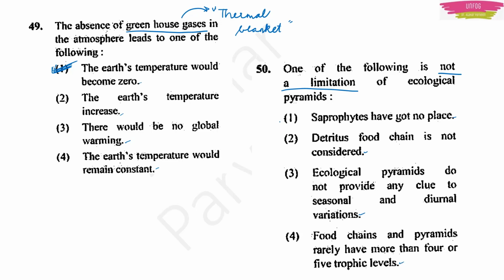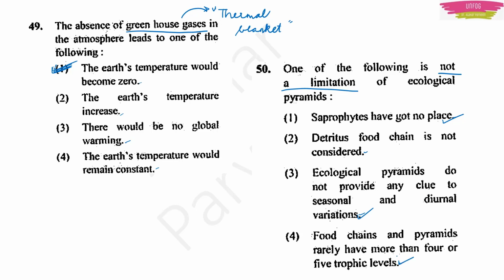Actually, all of these options 1, 3 and 4 are limitations of ecological pyramids. Saprophytes have got no place in ecological pyramids. Ecological pyramids also do not provide any clue to seasonal and diurnal variations, and food chains and pyramids rarely have more than 4 or 5 trophic levels.